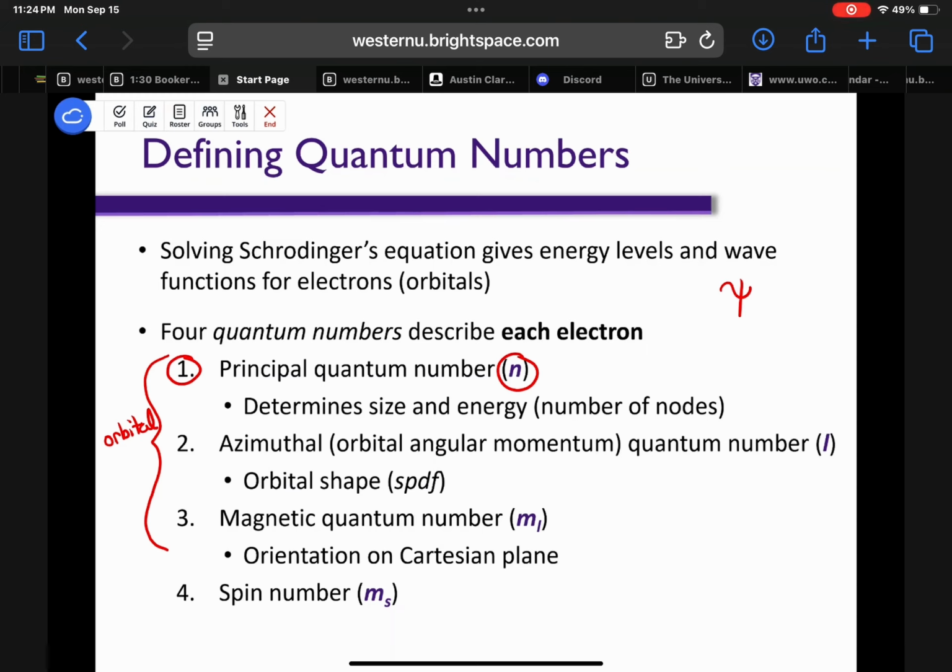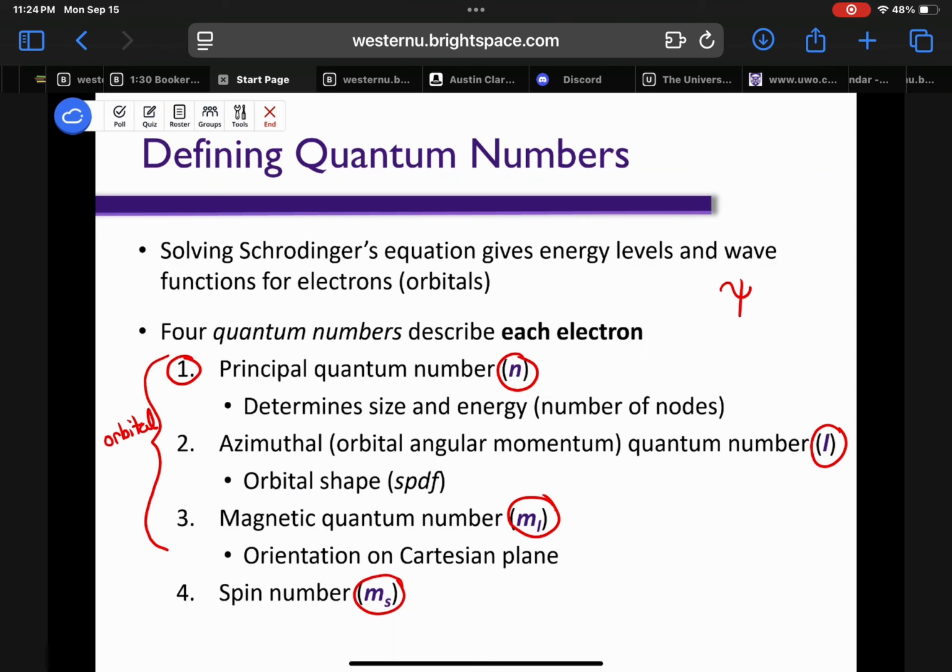The second, L, or azimuthal, or angular momentum quantum number, tells us about its shape. Then we get to the magnetic quantum number, m with a subscript l. It lets us know about the orientation of that orbital. Those three quantum numbers tell us about the orbital. Then the final one differentiates between the two electrons in that orbital.